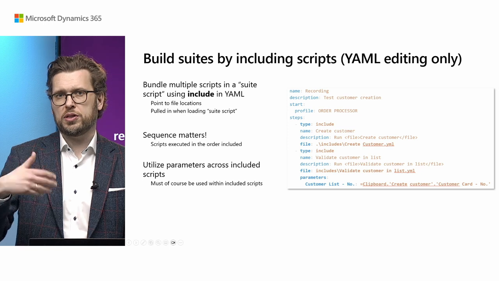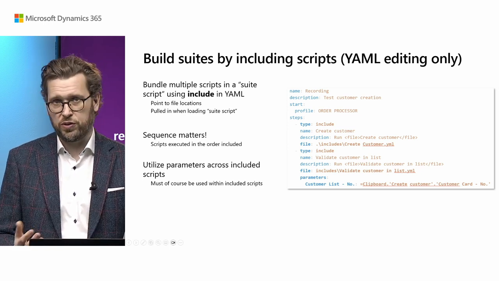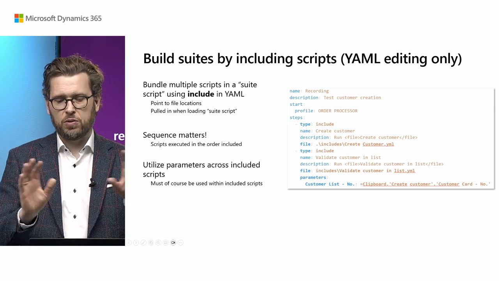Of course, the scripts that you include need to use those parameters as well for this to work, right? So basically, you have separate scripts, and then you create a new script which only caters for being the suite, and that's the one you execute, and then on load time, it will pull in the other included scripts.